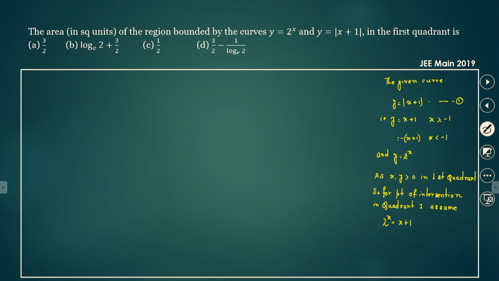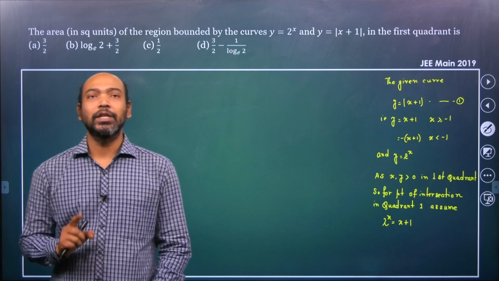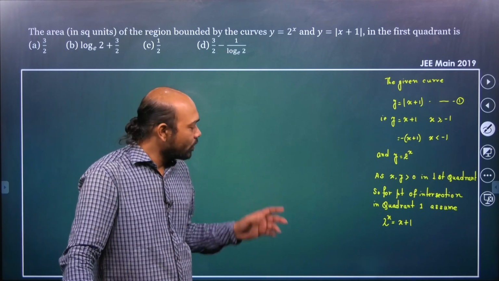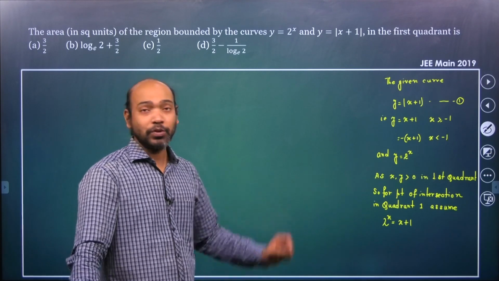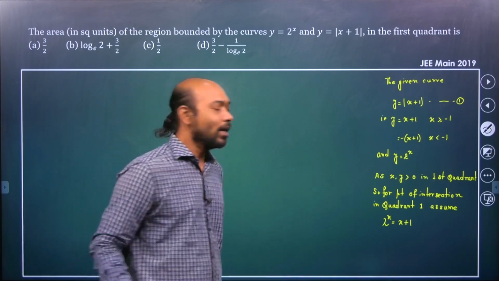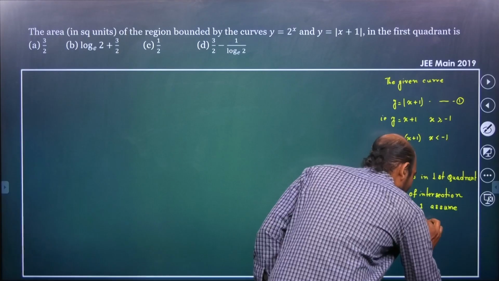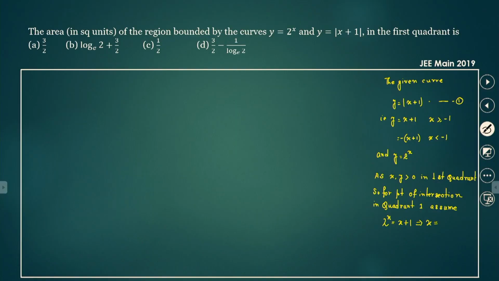Now see that it's difficult to solve this kind of equation, 2 to the power x equal to x plus 1, but by observation we can see that if I substitute x equal to 1, it's done. So that implies the solution is x equal to 1 and y equal to 2. So that will be the point of intersection, right?